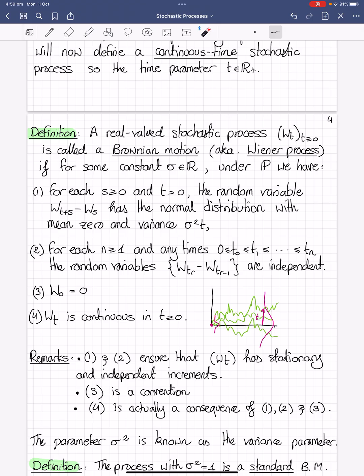But property number 4, that the Brownian motion has continuous paths, is what Wiener did, and this is his major contribution. He showed that a process with continuous paths and the properties above actually exists, and that was a major contribution to the mathematical literature.